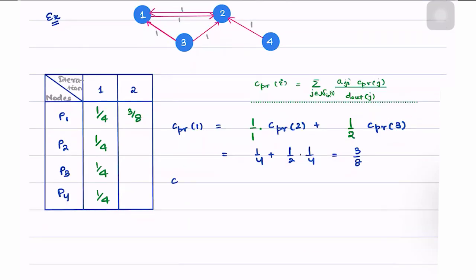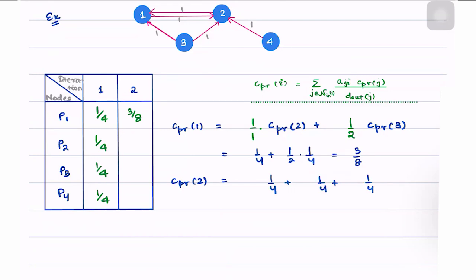Similarly, let's look at the PageRank of node 2. Node 2 now has 3 in-neighbors, 1, 3, and 4. Let's first write up the centrality scores, and then eventually we'll add the weights.